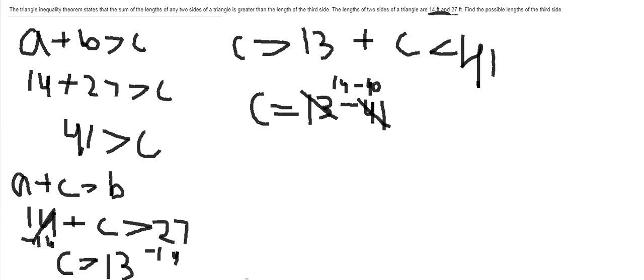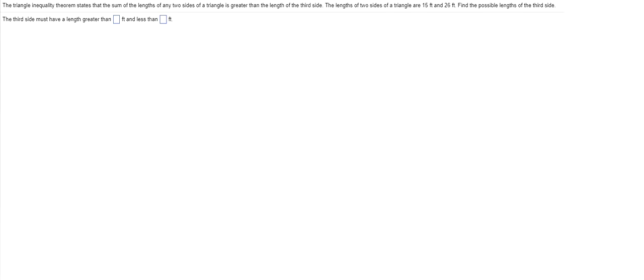Let's do another problem. Let me wipe my slate clean. So here is our next question. The triangle inequality theorem states that the sum of the lengths of any two sides, and so on, you know that.